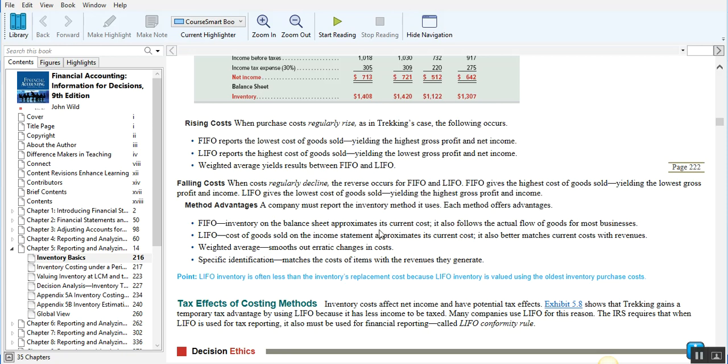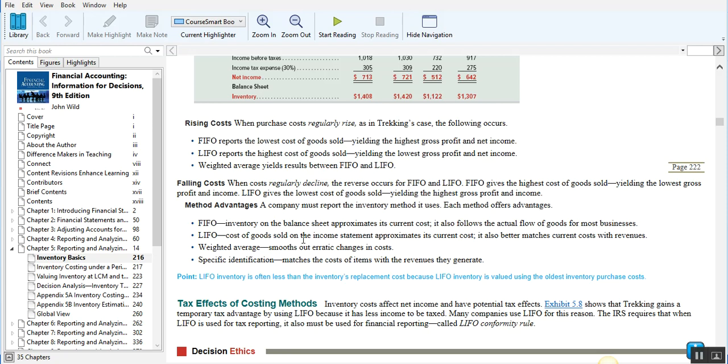With FIFO, you will approximate current cost for inventory, but if the costs are falling, you'll have a reverse order. FIFO net income, if costs are falling and you're using first in, first out, will look a lot more like LIFO in this example because you'll have a lower net income.